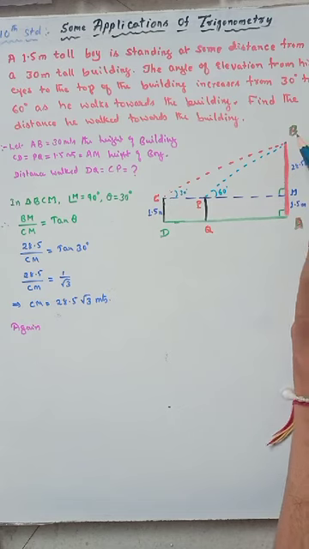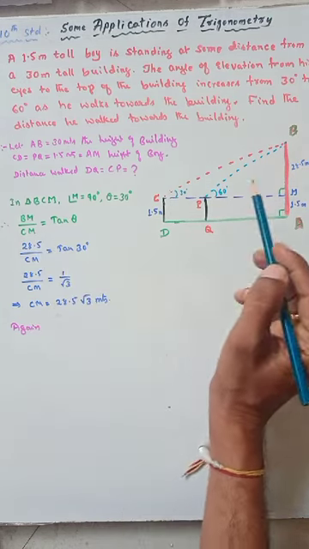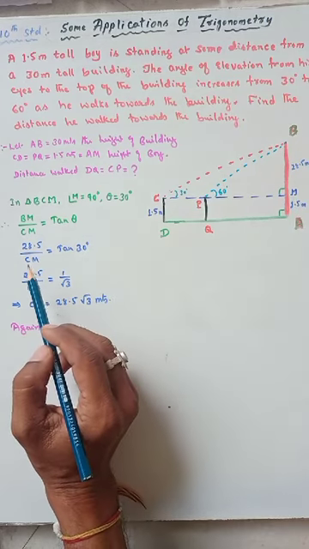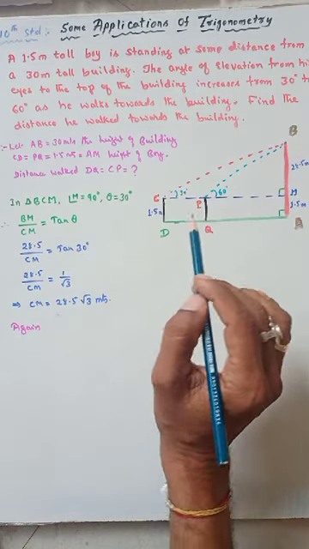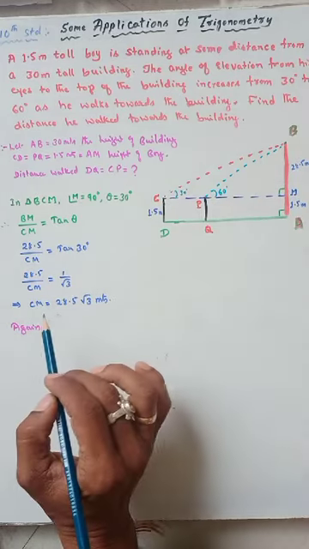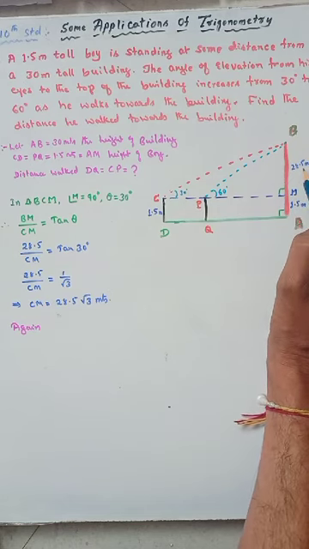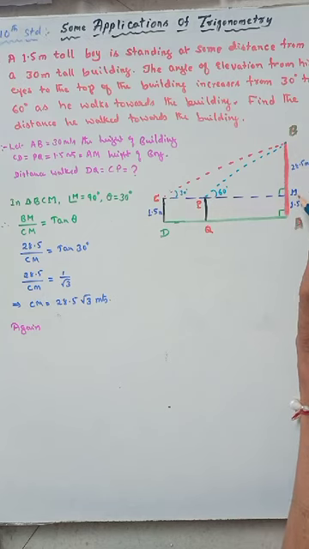Now according to trigonometry, BM by CM is equal to tan theta, opposite to adjacent is tan theta. So we have to use tan only here. We don't know this distance CM, we have to take that as it is. BM is 28.5 meter, because here 1.5 we have to remove.